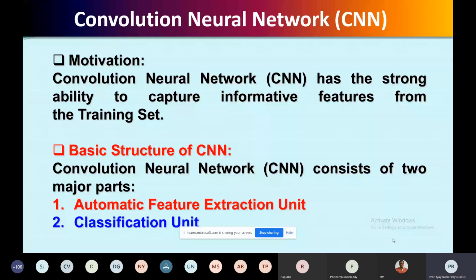Those days we were unable to use this CNN because the convolution process needed a lot of computation. And those days we did not have computers with GPUs, which are so easily available now. Now, I think in all the colleges and engineering institutions, we have lots of such fast machines.